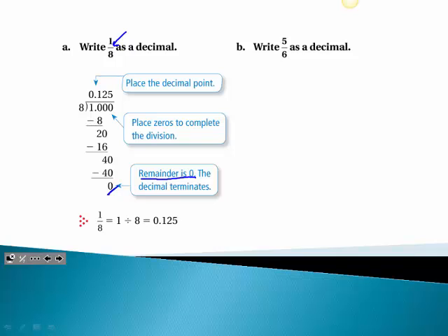On B, when we have 5 over 6, a quick trick is if your denominator is a multiple of 3, right off the bat you will know it's going to be repeating. Since 3 can go into 6, our denominator, I know it's going to be repeating.